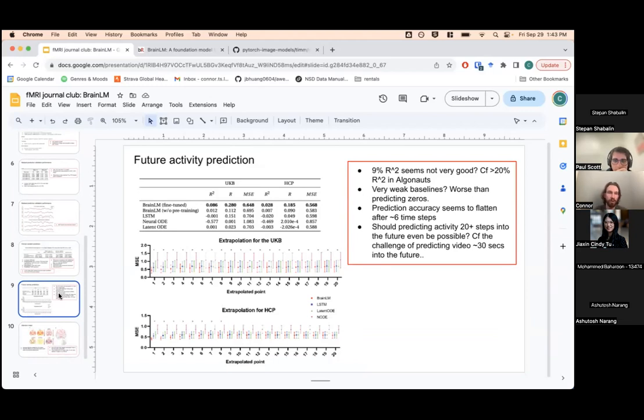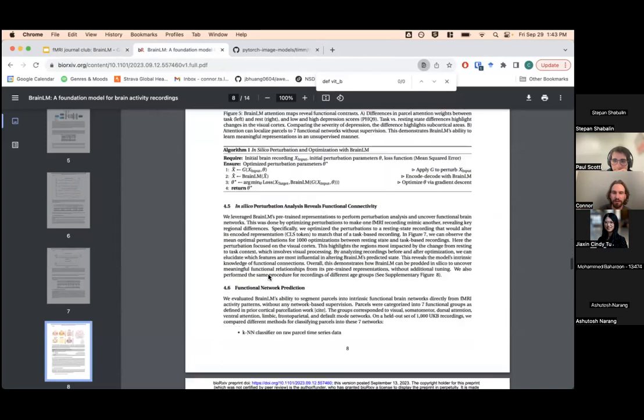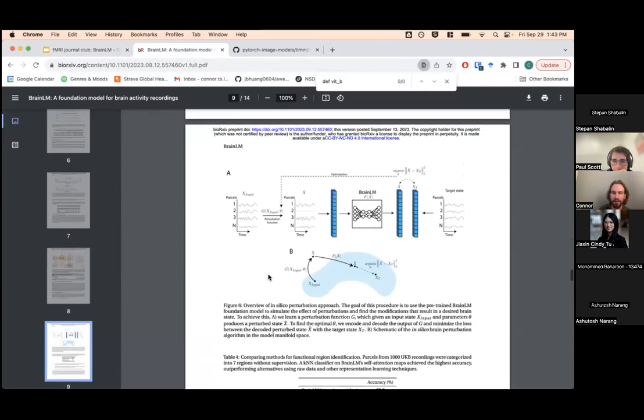And then there's one part of the paper that I really didn't understand, and I haven't prepared anything to discuss yet, which is their in silico perturbation setup. I didn't really understand what was going on and what the purpose of it was. But it was interesting.